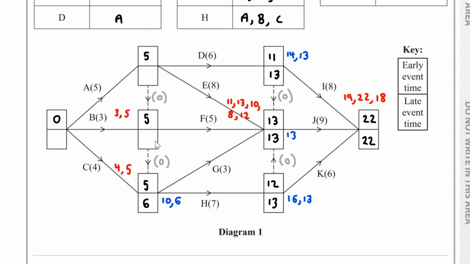And if we consider this over here, what's coming out is this dummy and also F5. So if we work backwards, we have over here 13 take away 5, which is 8. Or we've got 6 take away 0, which is 6. The smallest one, that's this 6 over here.